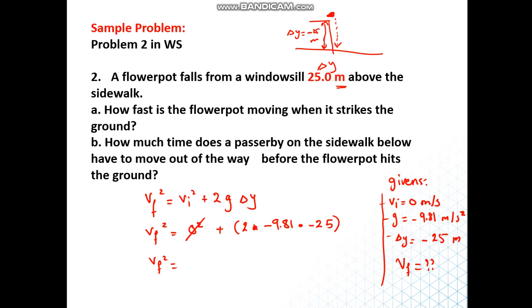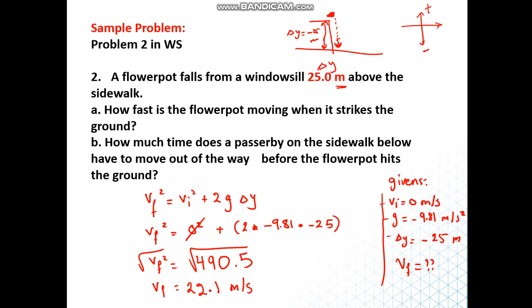You will find that v final squared is 2 multiplied by negative 9.81 times negative 25. This will give us 490.5. And to find v final, as you all know, we need to take the square root of both sides. So v final will be 22.1 meters per second.